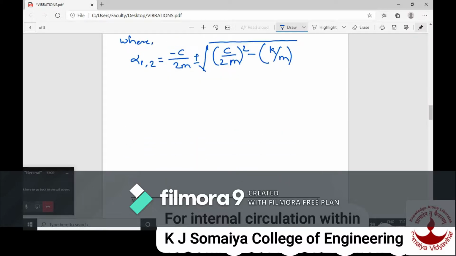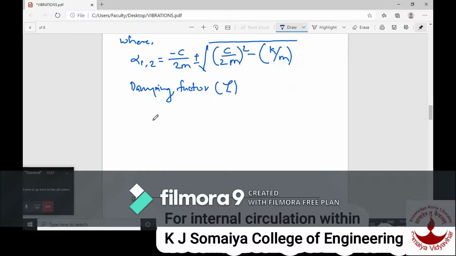Now here one term comes into the picture, that is called the degree of damping, or also called the damping factor. If we see the ratio of (c by 2m) square to k by m, this ratio is called the damping factor, which is represented as zeta.